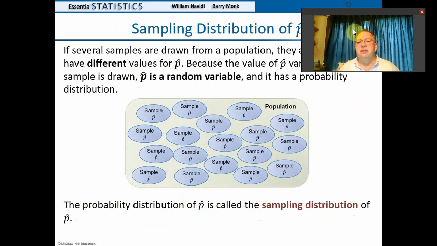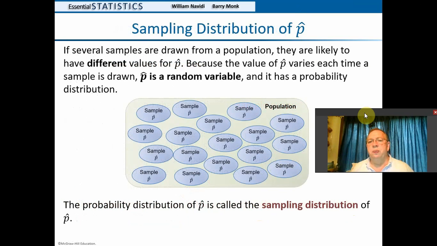So I'd like to see if there are some relationships between P, P hat, and sampling proportions. Here's the overall population. If we knew what the population proportion was, we necessarily wouldn't have to go grab a sample. But I want to find the relationship between a population proportion P and different samples.